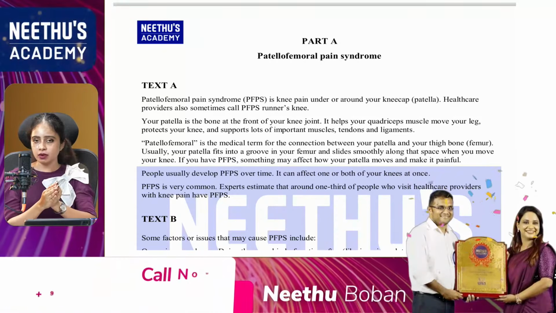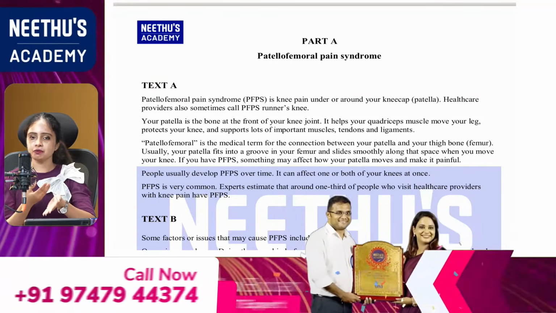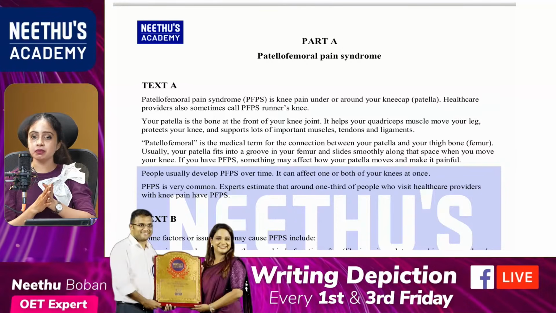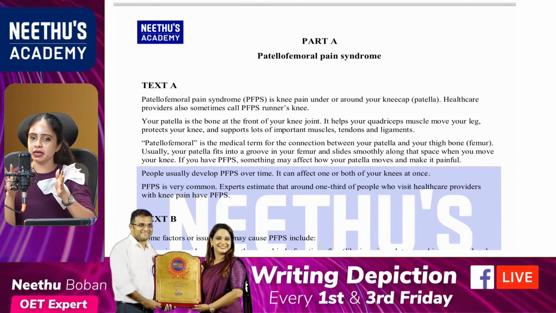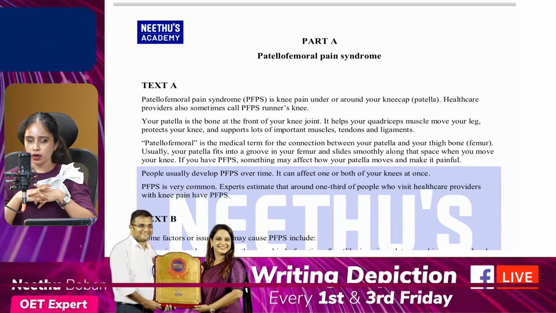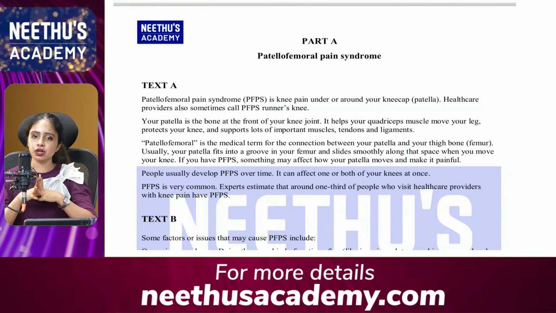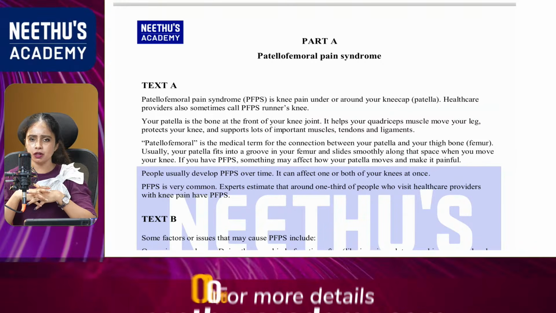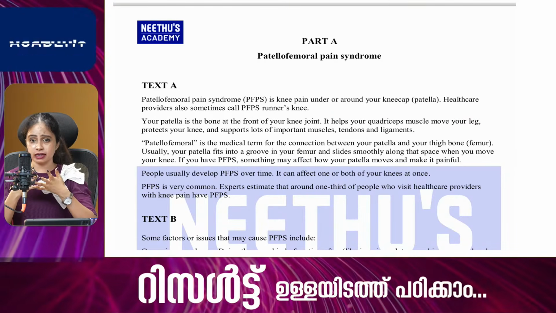So what are the keywords that you will mark from each of the texts? Text A will be different from text B, text C and text D, which means every text will be different from one another. One of the texts will be a pictorial of something, like a table, a chart or a diagram.